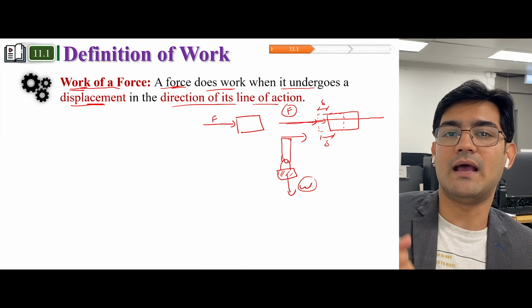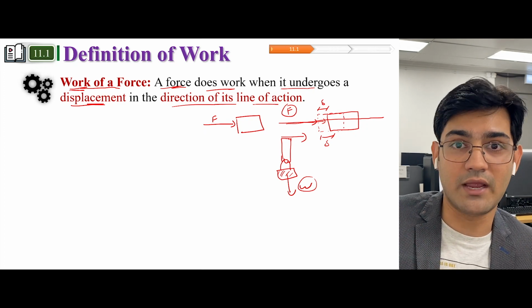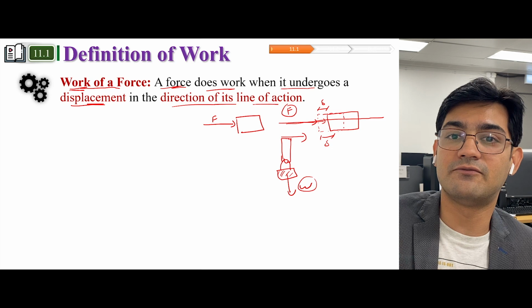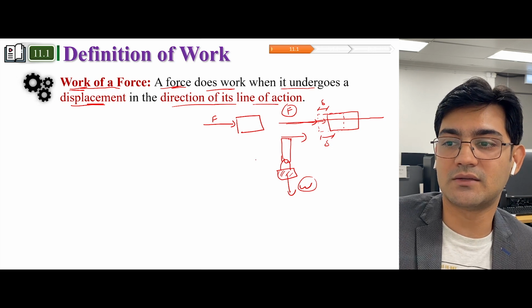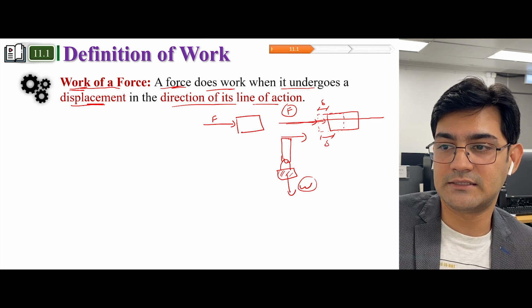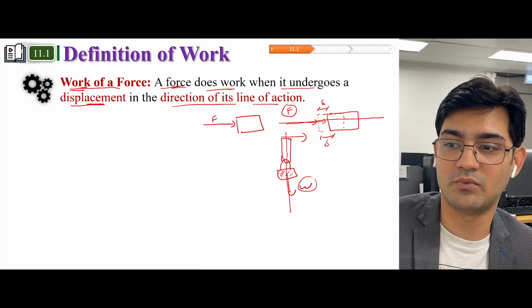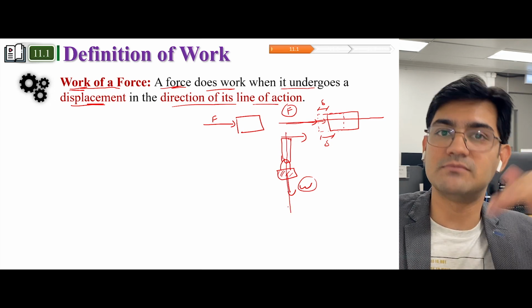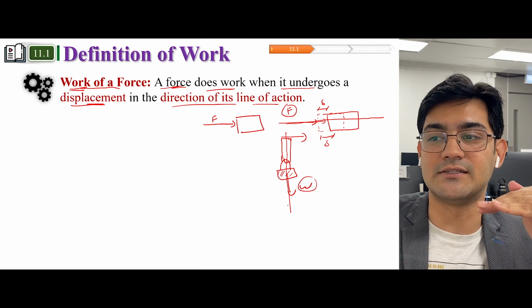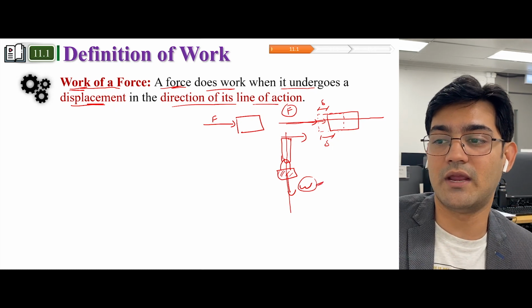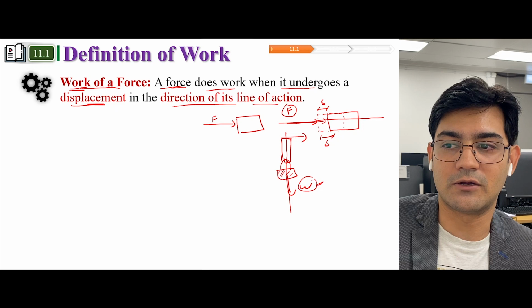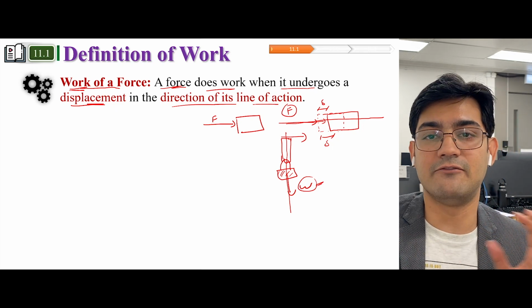If someone asks you whether this weight is doing work or not, the answer would be no, because this is the line of action of this force, which is weight, and there is no displacement happening in this direction. So that's why this weight will not do any work.